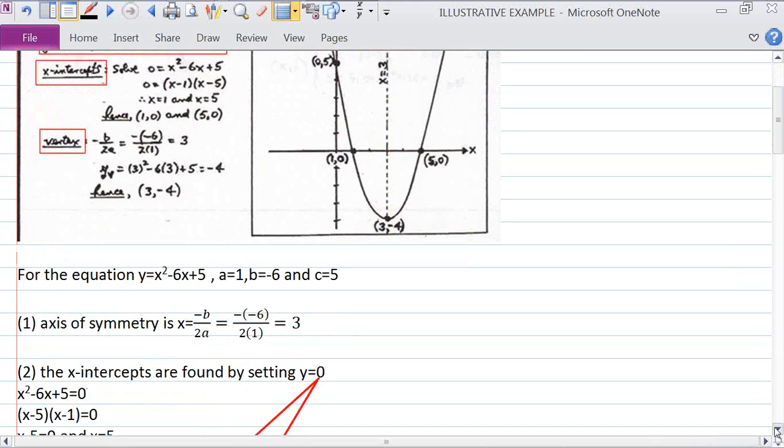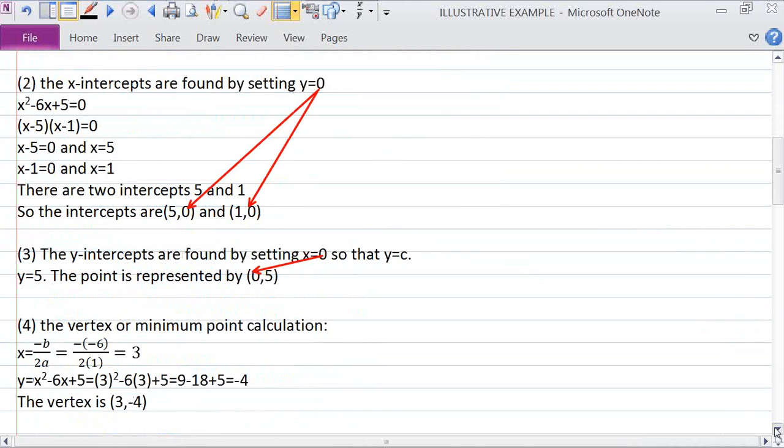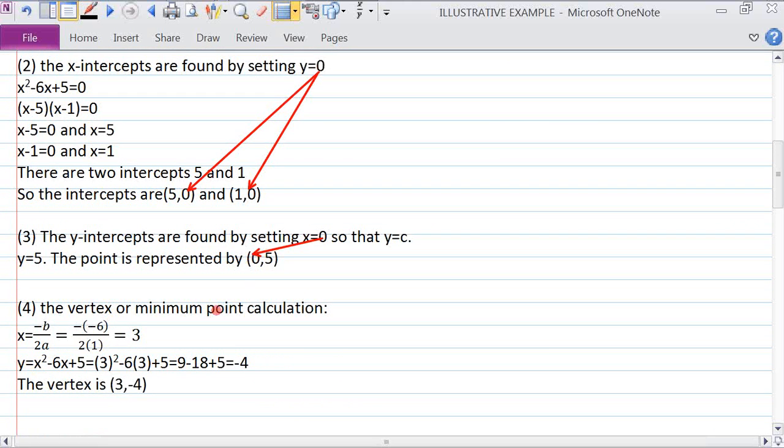The final thing that we want to calculate is the vertex, or the minimum point. Now the x value for this is always obtained from the value of the axis of symmetry. So x equals 3. We substitute this into y equals x squared minus 6x plus 5 right here.